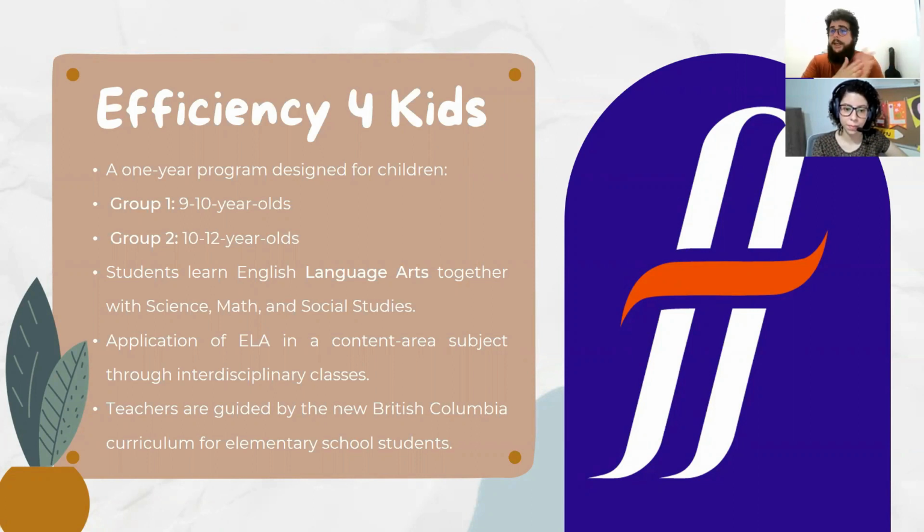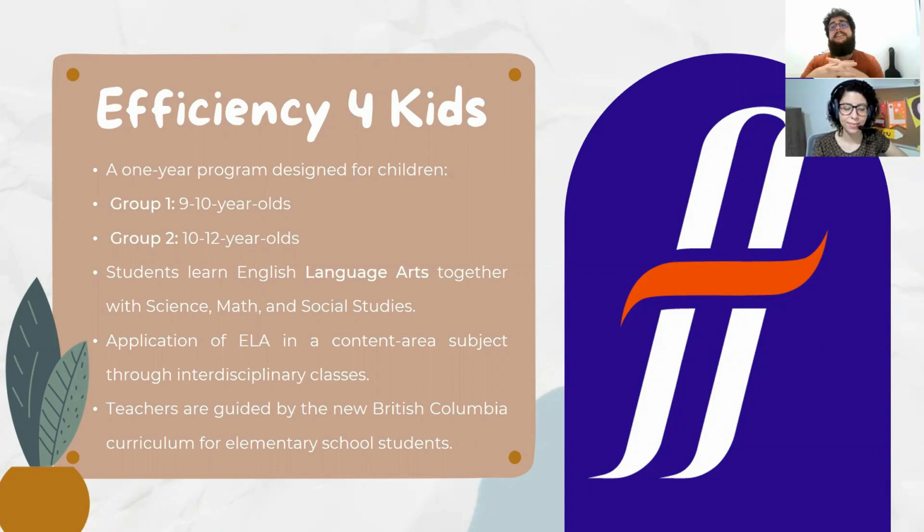In the course, students learn English arts together with science, math, and social studies. It's also important to emphasize that the English language is connected with content from that particular subject.